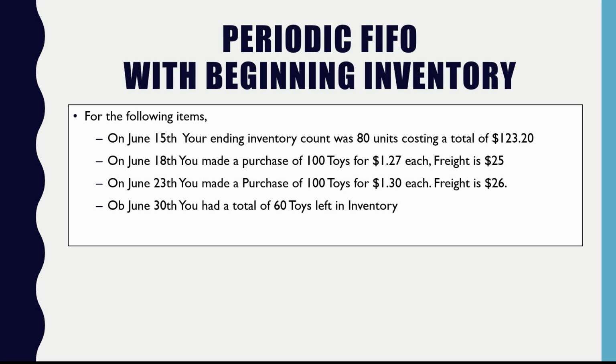So in this case, I know for a fact that on June 15, I had a total ending inventory of 80 units costing me $123.20. I know that for a fact because I just calculated it and converted it in there.